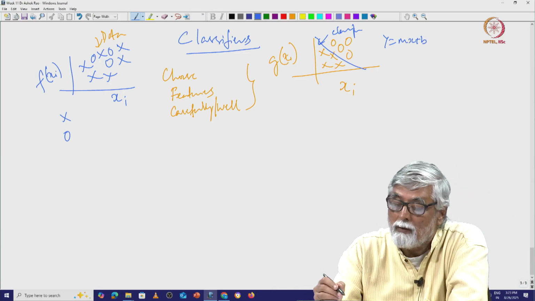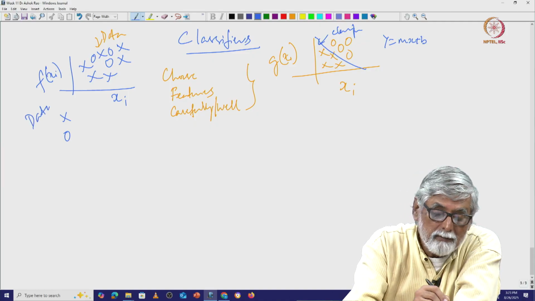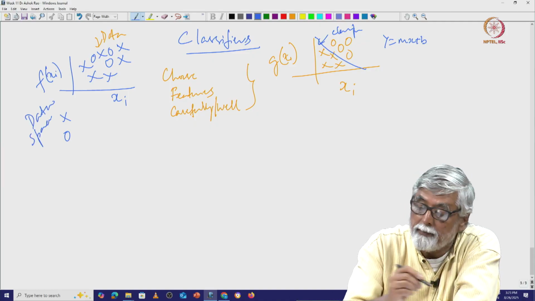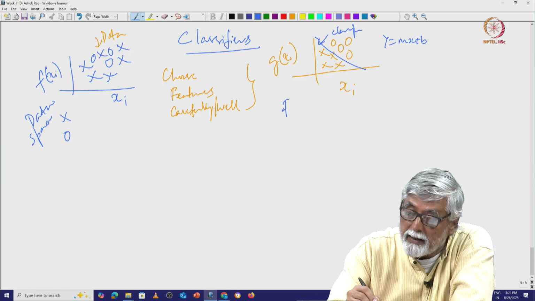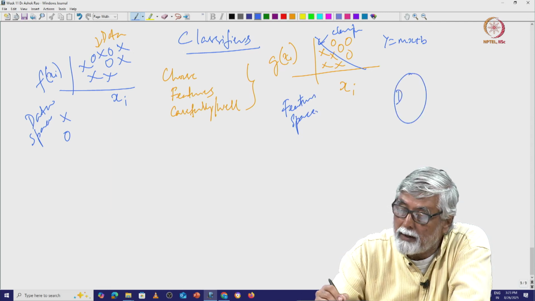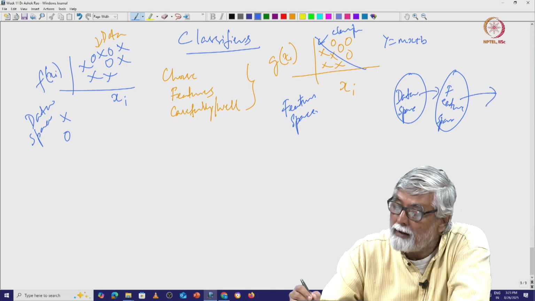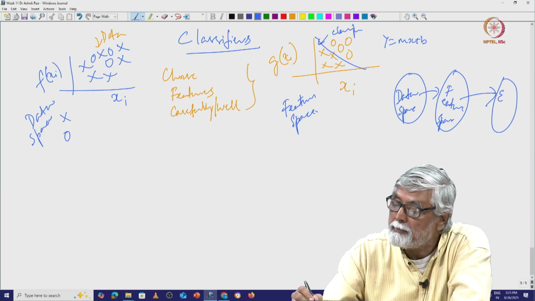Okay. So, this is data space. This is feature space. So, many a times we do a mapping from data space to feature space, and then event space.